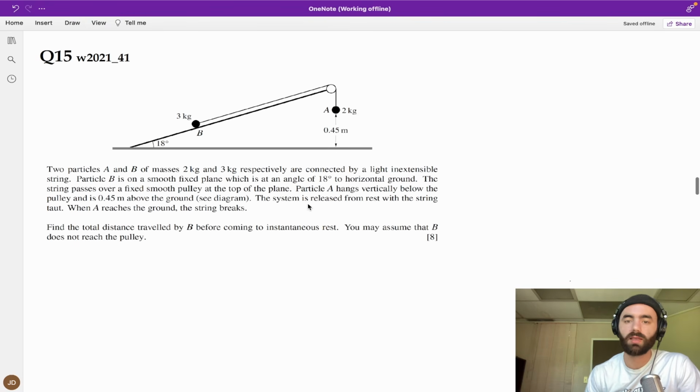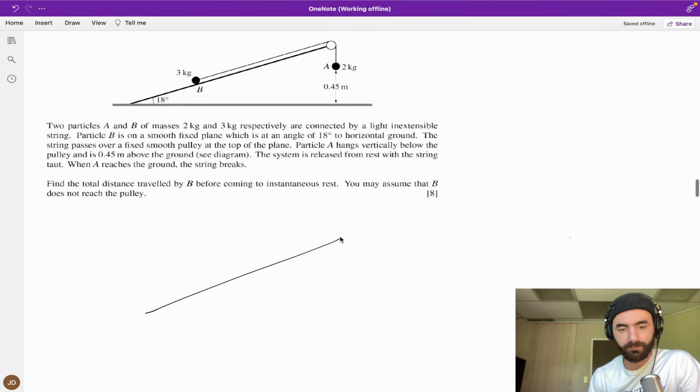Okay, and I thought I'd do another one. It's the same sort of scenario, but in this case you have to work out different things. This kind of one pops up a lot as well, so I'll just do this as well. It's 8 marks. Okay, so we want to redraw this.